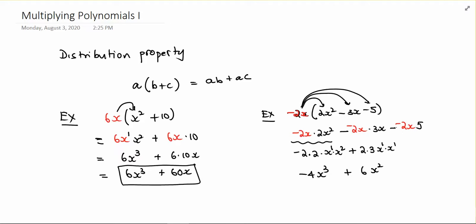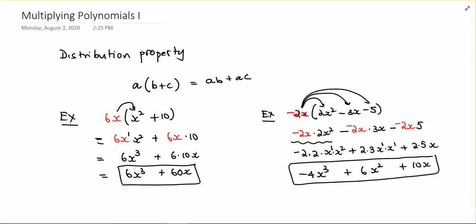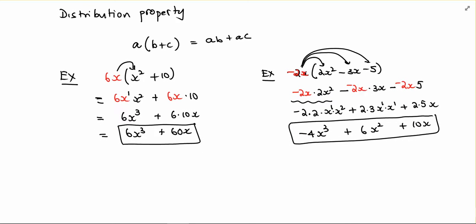And again the two negatives become a positive, move things around, and I get 10x. And so there's my answer. Just pay attention, make sure that everything is in descending order. Remember that your final answers have got to be in descending order.